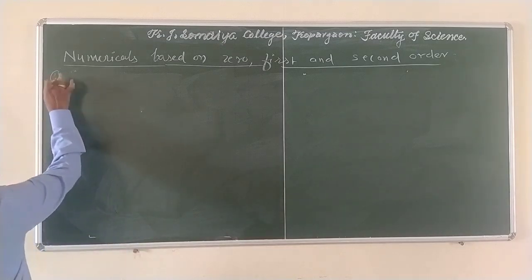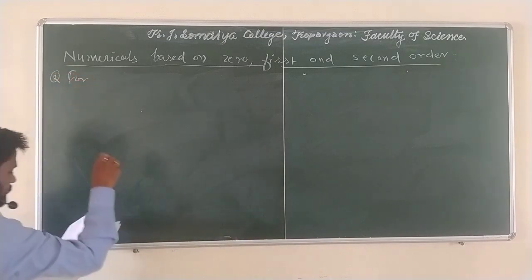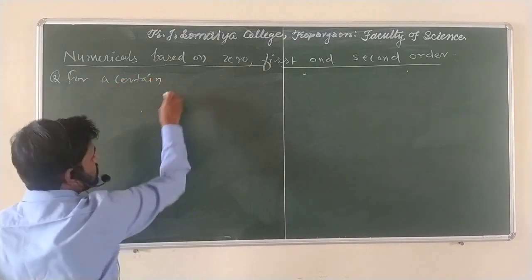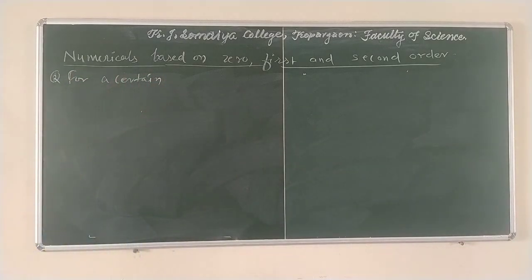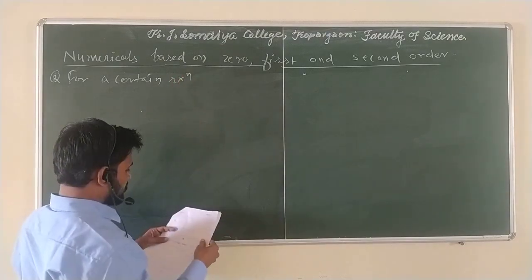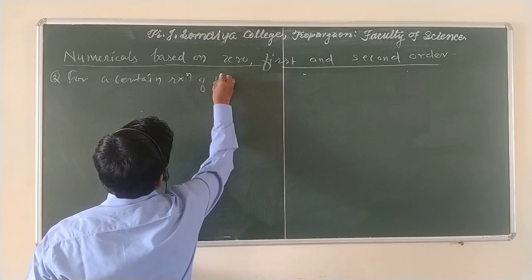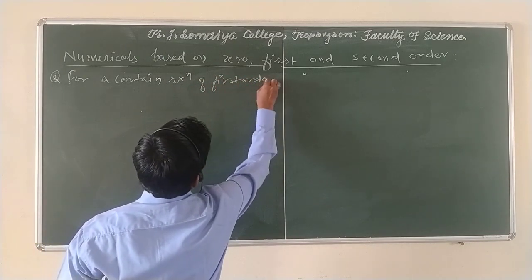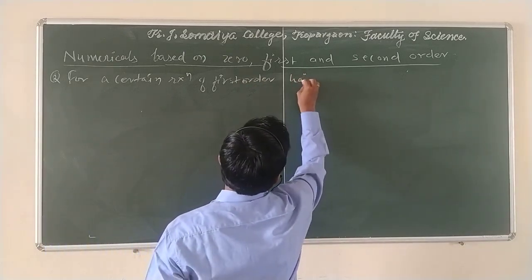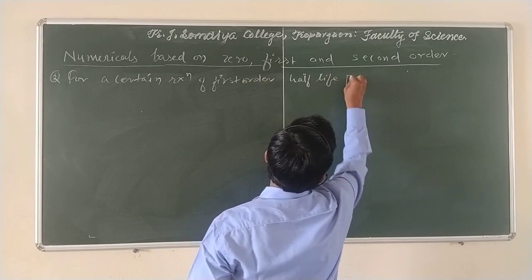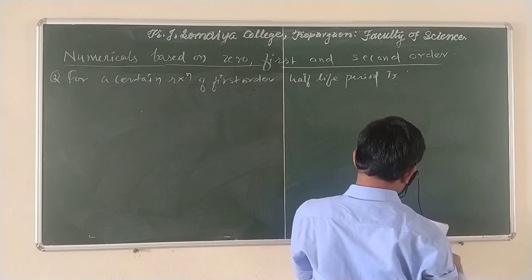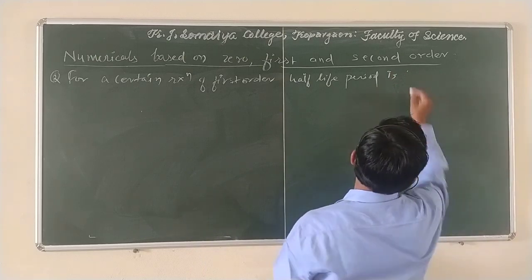For a certain reaction of first order, the half-life period is 50 minutes.